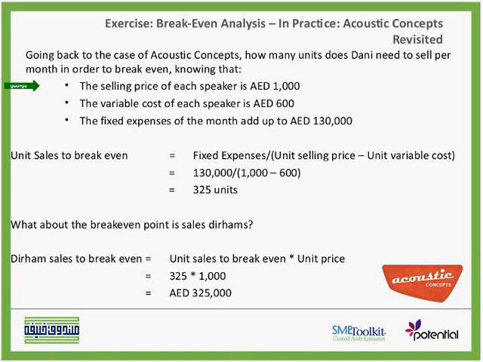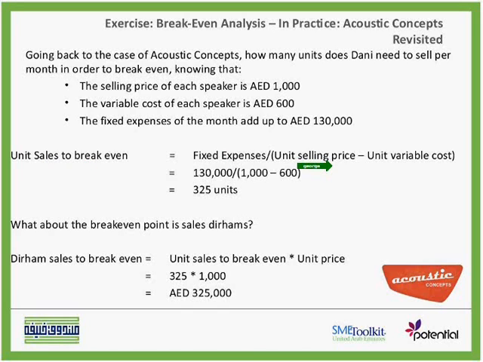So, moving to the formula of the unit sales to break even: fixed expenses over unit selling price minus unit variable cost. So we have the 1,000 in terms of selling price, the 600 being the cost to produce. The difference between them is the contribution margin of 400.